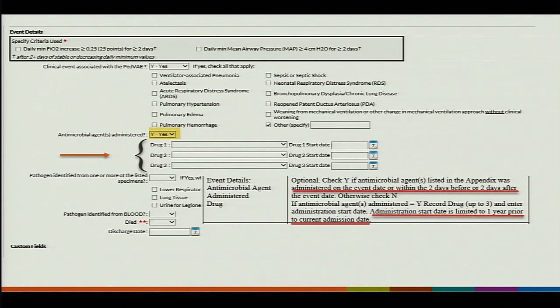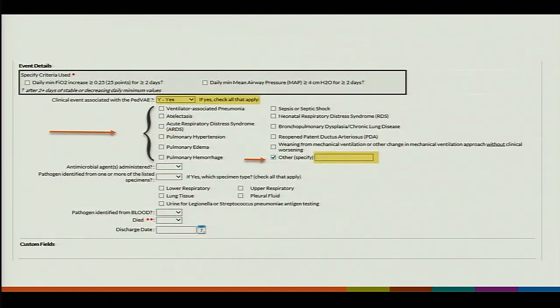Otherwise, if there were no antimicrobial agents administered that are found in the appendix, you would just check no. You can enter an administration start date as far as a year back. And we know that some kids stay in the NICU for a long period of time. They may have had an antibiotic started a while back. So we wanted to allow you to enter whatever the true date was.